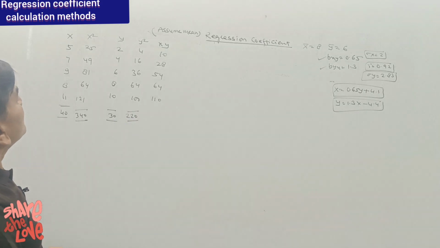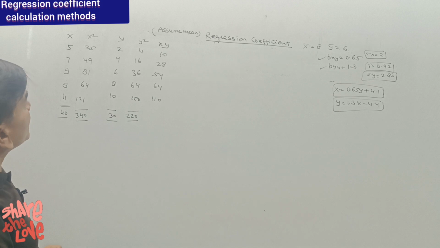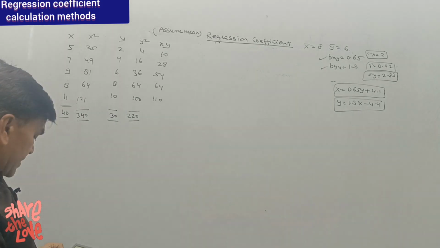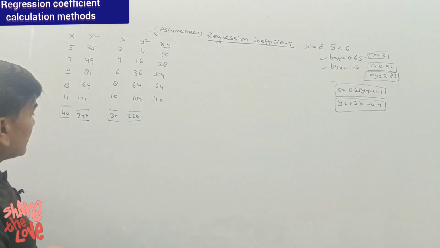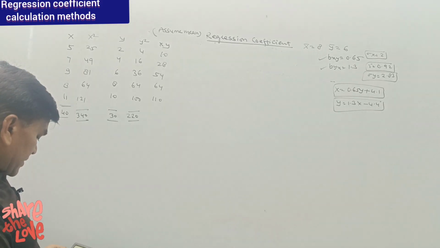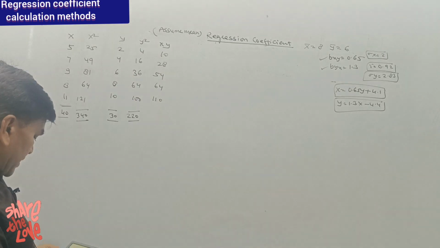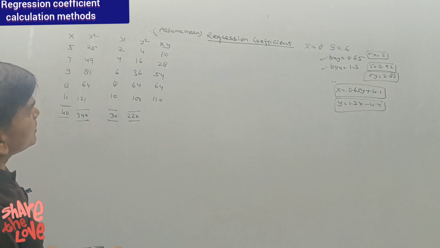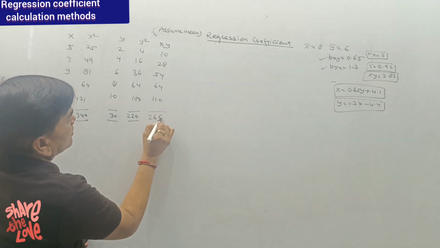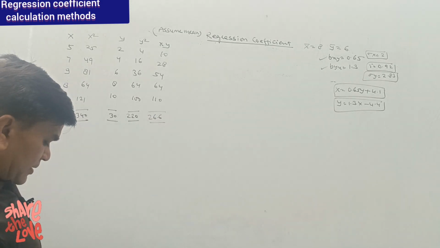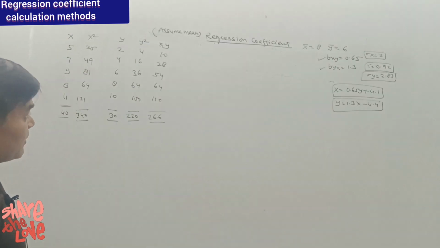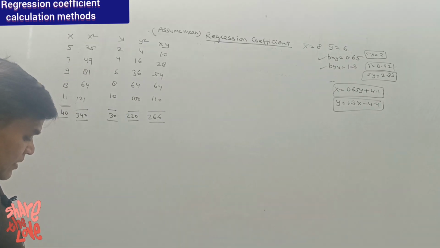Now the last one, 5 2s are 10, 7 4s, 7 multiply 4, that is 28, 9 6s are 54, 8 8s are 64 and 11 10s are 110, so the addition is 266. Again I am adding 10 plus 28 plus 54 plus 64 plus 110, 266.